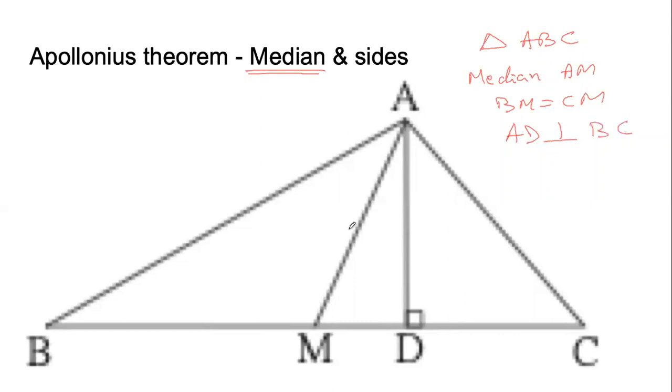And we realized in this case, because we have drawn the altitude from angle A, this angle A is our reference angle, then we can say AB square plus AC square, the sides that make this angle, will be equal to 2 into AM square, twice the square of the length of the median, plus 2 into BM square, that is twice the square of half of the opposite side. So instead of BM, we can also write CM. That is perfectly fine.